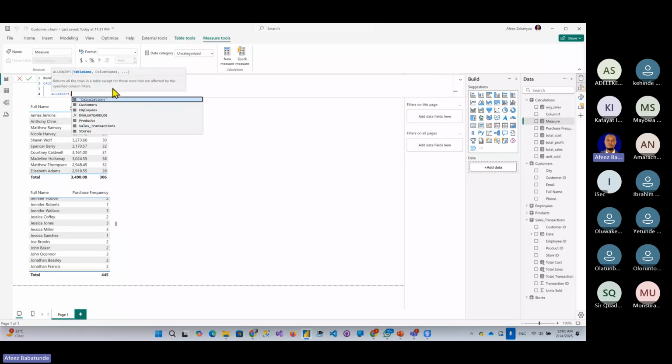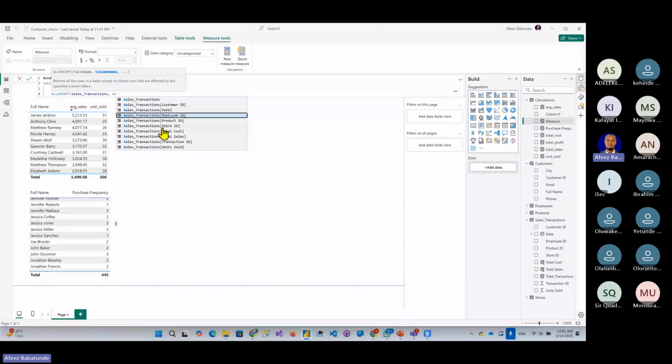When you are using ALLEXCEPT, it returns all rows in a table except for those rows that are affected by the specific filter. So let's say sales transaction, comma, sales transaction ID.